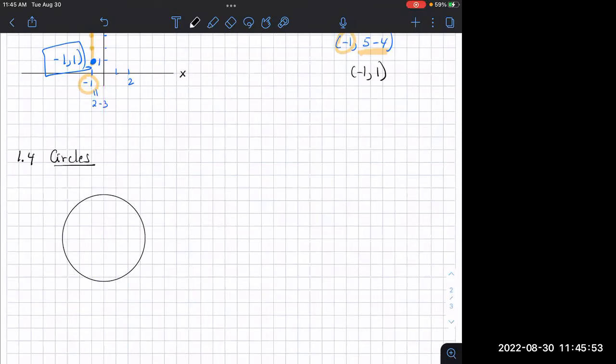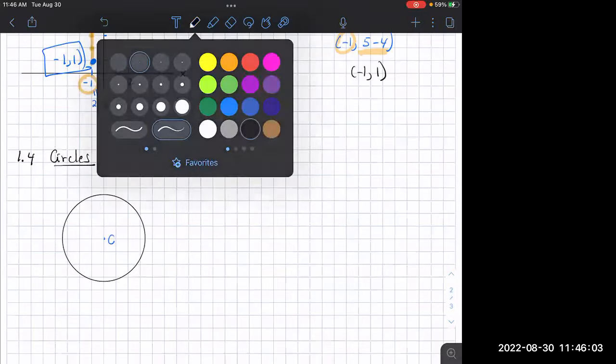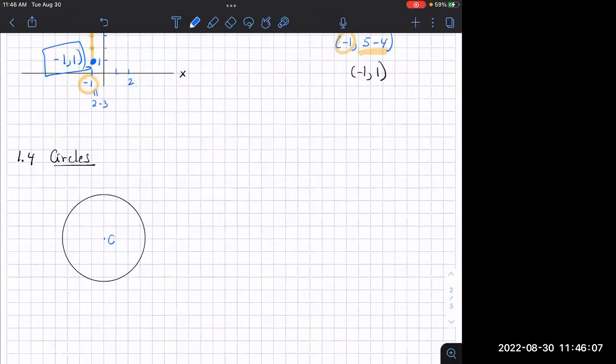Now, usually we identify the center, but the center is a reference point, it's not part of the circle. So every point on the circle has a distance to the center, and if you take another point to the center, the distance has to be the same, right? So that's how we define a circle.